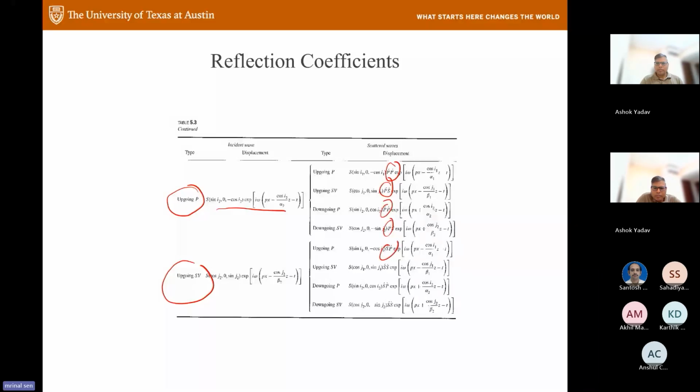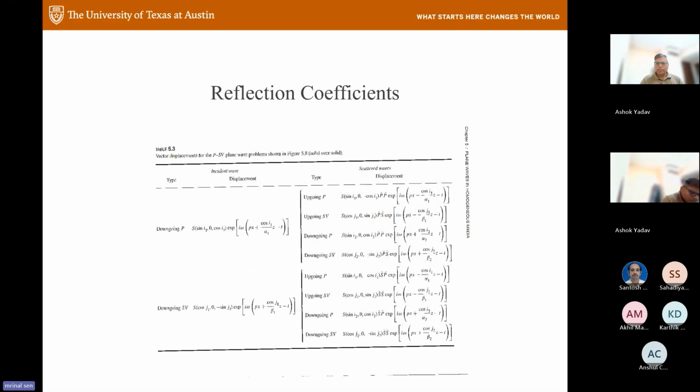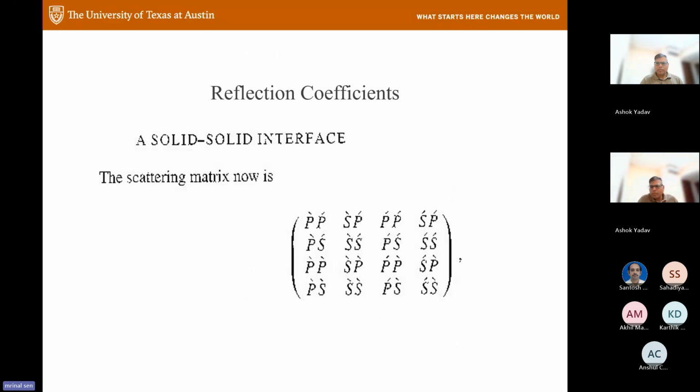And these are the ones that will be solved for from the system of equations that we derive. And that system of equations will basically result from the boundary conditions. Okay, so you have these different plane wave potentials, and then you can convert those to stresses and displacements, and you can get a scattering matrix which looks like this.